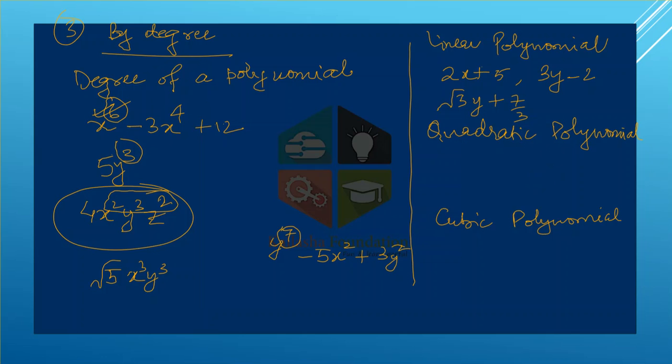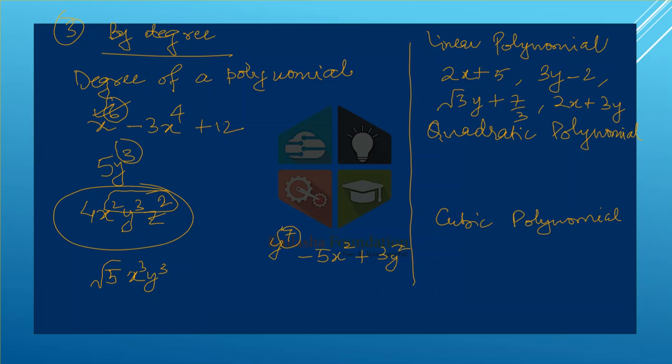Okay, these are linear polynomials. Also 2x plus 3y, here also the power is 1, in both monomials the power is 1, so the degree of this polynomial is 1, so it is a linear polynomial. All these are linear polynomials.